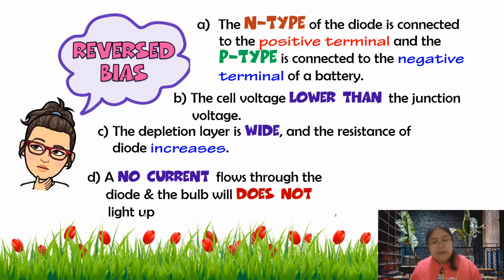The depletion layer becomes wider, and the resistance of the diode increases. Resistance increases means the current cannot go through. So no current flows through the diode and the bulb does not light up. This is the explanation for reverse bias.